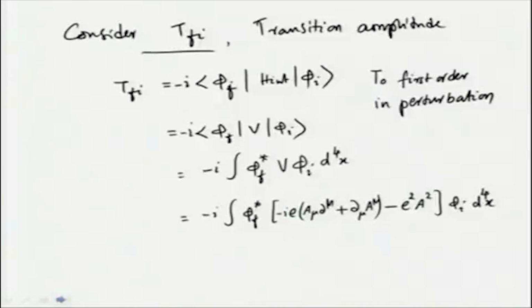Now, when you consider the second order perturbation, you will have essentially the square of this thing coming in here. Of course, there will be other changes, but essentially this will be the square of the potential that will come in. When you look at the square of the potential, the first term squared will have an e square times whatever else comes with that, and then there will be an e cube, which is a cross term between these two terms in the potential, and there is an e power 4 term.